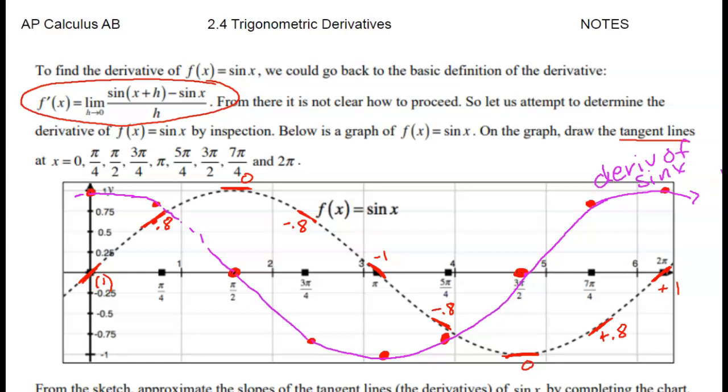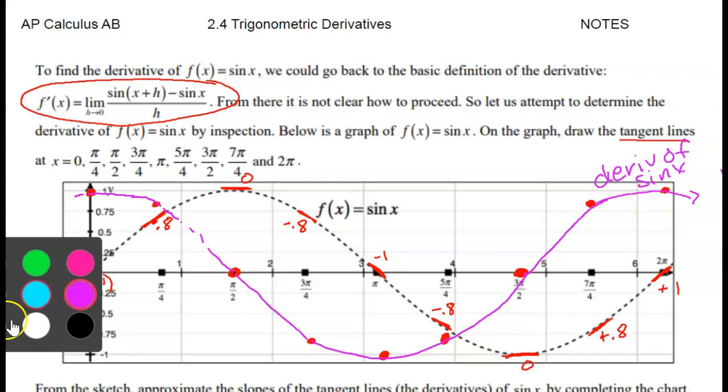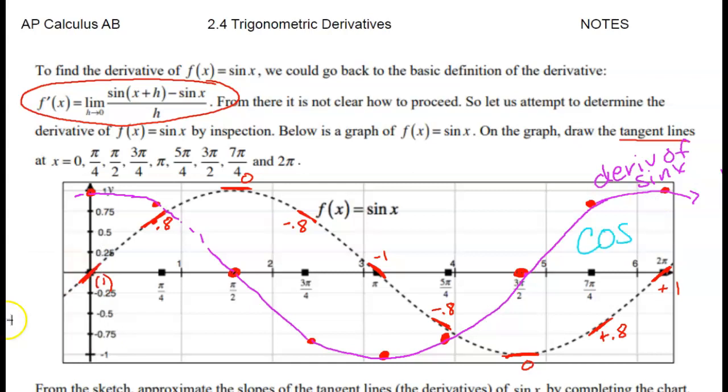And so we say, well, what graph does that look like? Hopefully it looks familiar. Yeah, that is the graph of cosine. Which means that the derivative of sine is cosine.